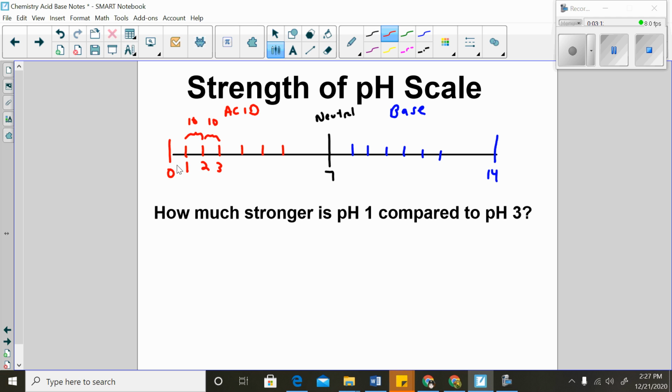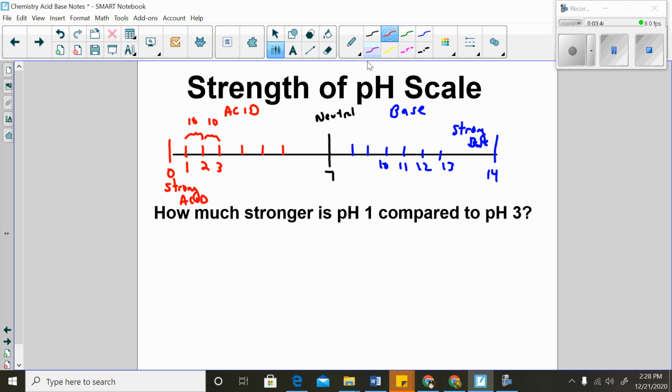So over here at this 0 to 1 end, this is a really, really strong acid, like car battery acid, for example, sulfuric acid. Same thing with the basic scale, right? The farther and farther away you get from 7, you have your stronger and stronger bases. So over here towards the 13, 14 end, you're looking at something like Drano, right, which is to clean pipes.